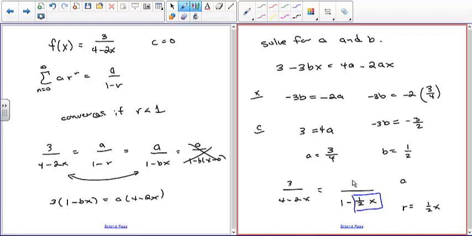Okay, let's try it again. So a is 3/4, and that's positive 1/2.